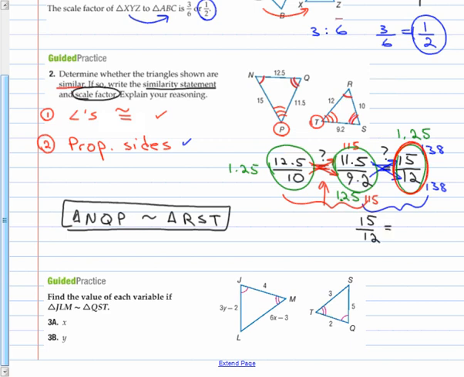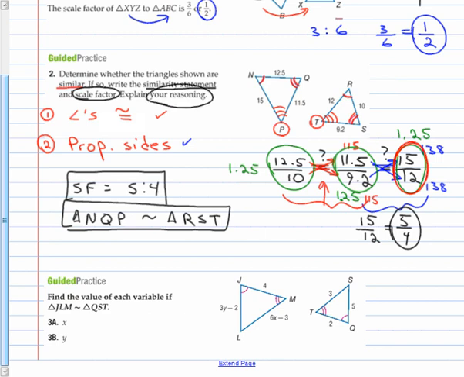Well, 3 goes into 15 5 times, 3 goes into 12 4 times, 5 to 4. Scale factor, I'm going to call it SF, equals 5 to 4. So I have found the scale factor between them, going left to right. If I went the other way around, it would be 4 to 5. But I wrote it in the order of left to right.